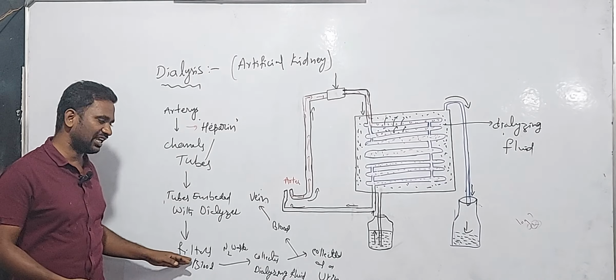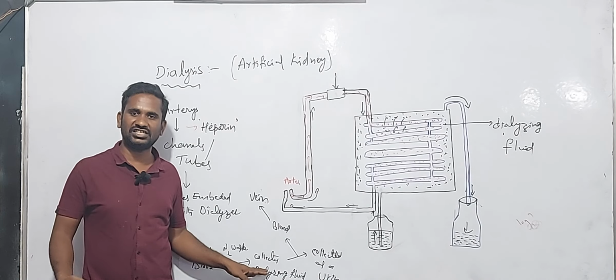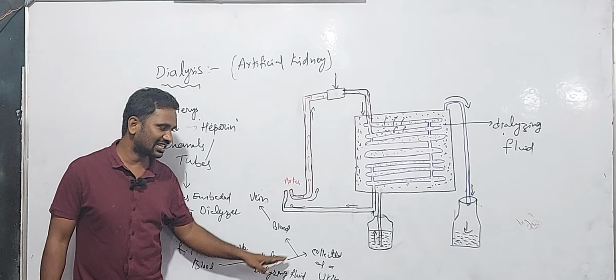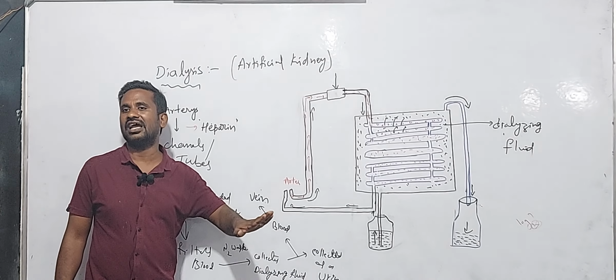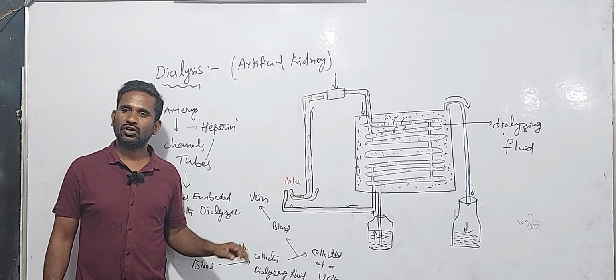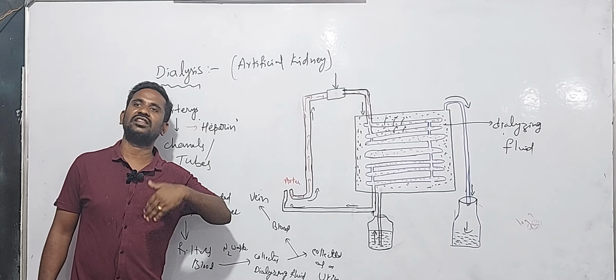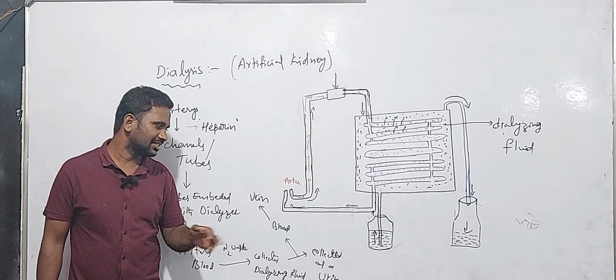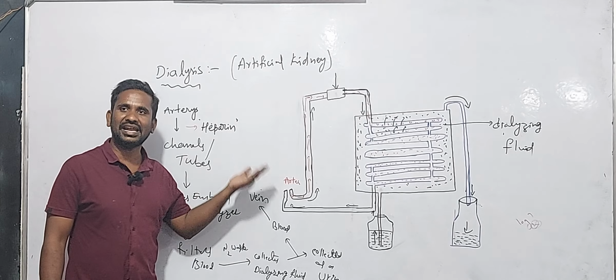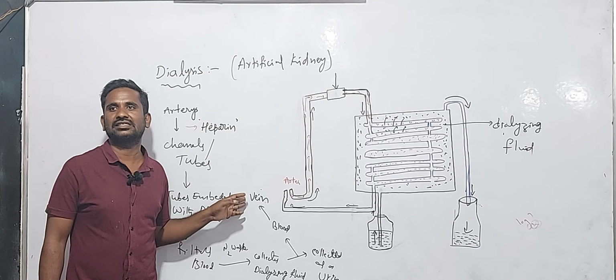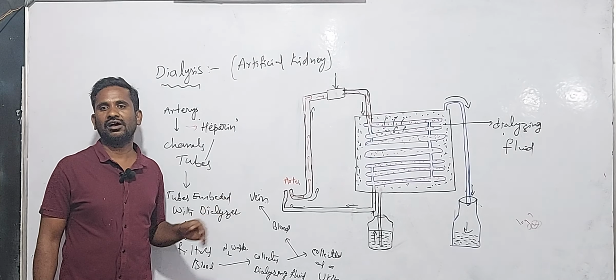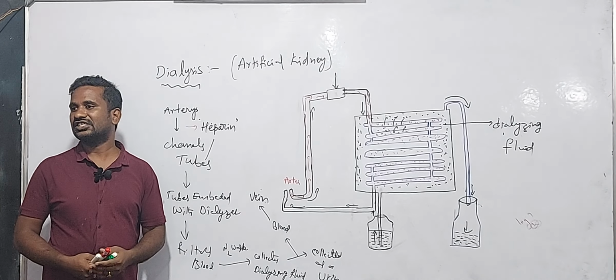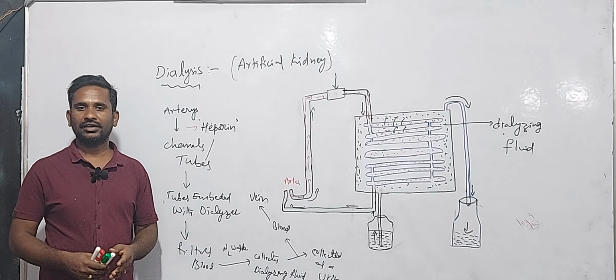After collecting the waste materials into the dialyzer, it is separated and collected as urine. After filtration, after the hemodialysis, we send the blood with the help of veins into the body of the patient. Do you understand up to here? Yes, sir.